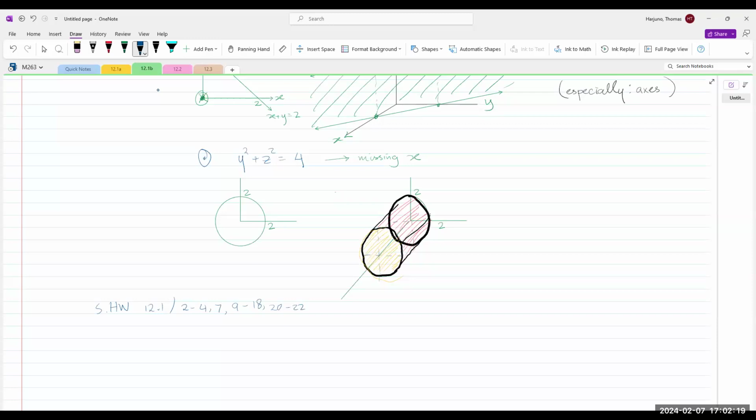And you don't need to do all of them. If you try a little bit, let's say you try number 9, and then you feel comfortable with that, then jump maybe to number 12, 11 or 13. Every other odd number. And then you check with the back of the book.